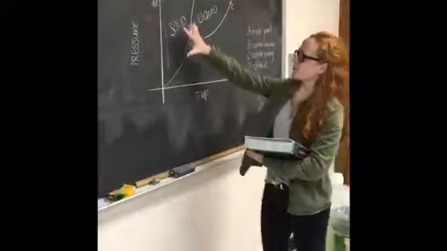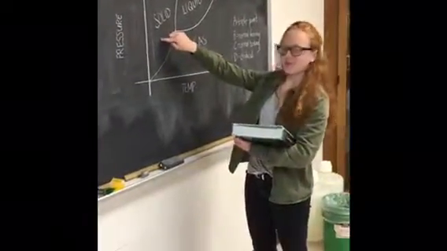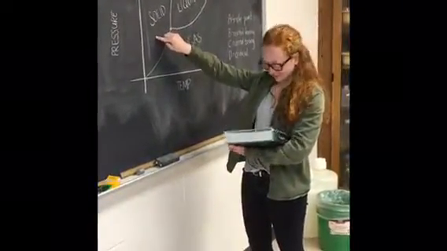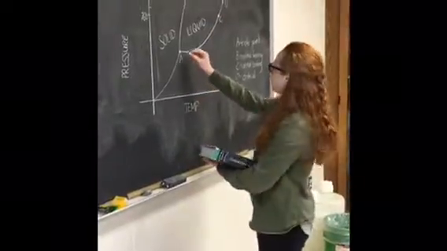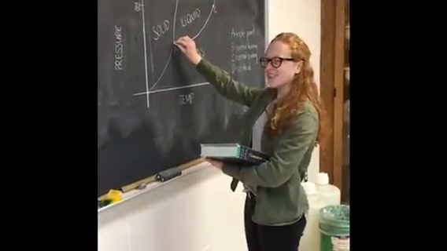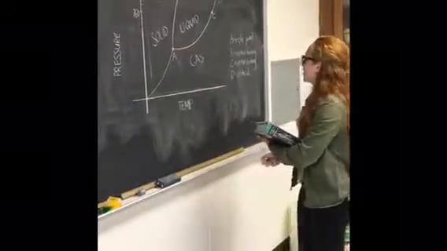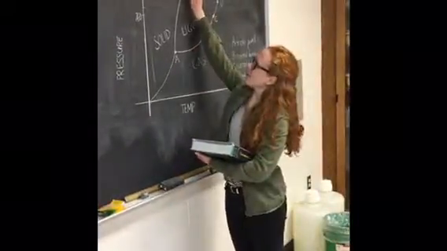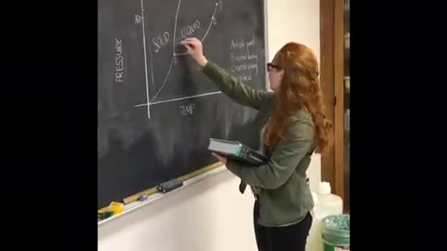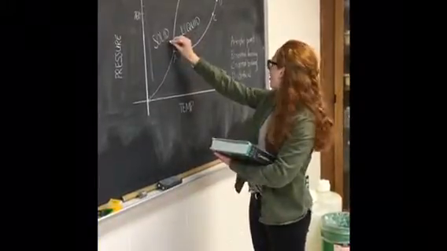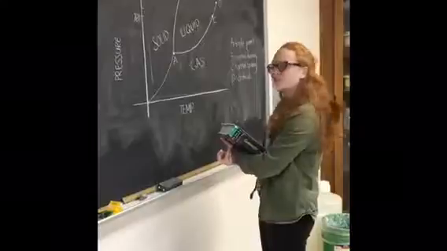In this region, when it falls in here, it's a solid. At this point, called the triple point, it can be a solid, a liquid, or a gas. However, at the B point here, it turns from a liquid to a solid. That's called the normal freezing point.